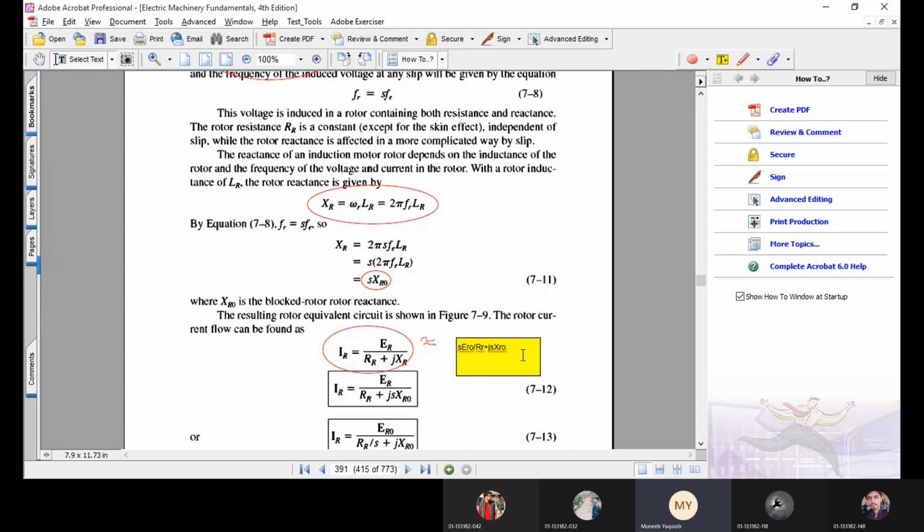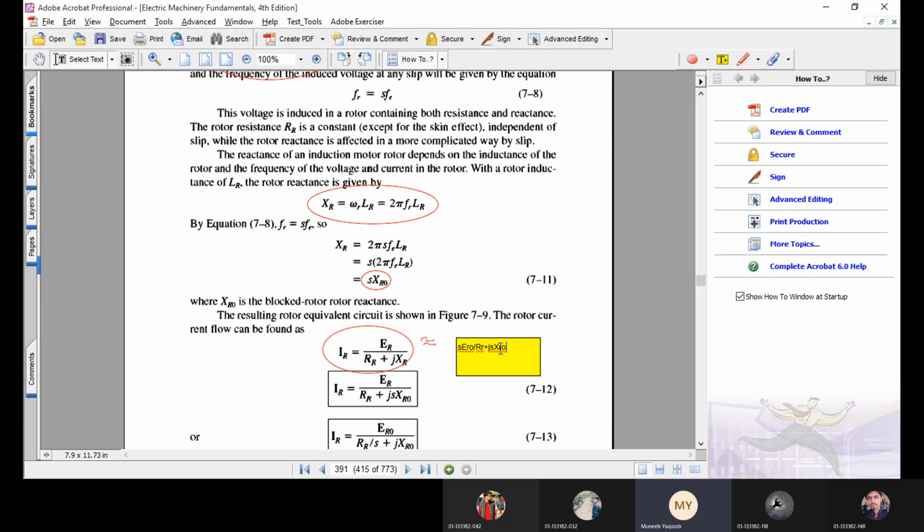Now what happens is that if we divide this fraction, that is S ER naught, with S, we will get ER naught in equation 7.13. So if we are dividing the numerator S ER naught with S, we have to divide the denominator with S as well.